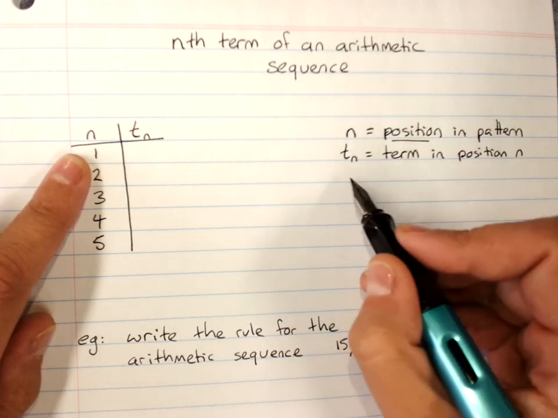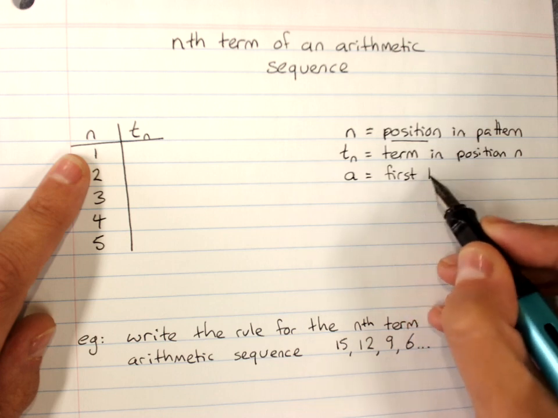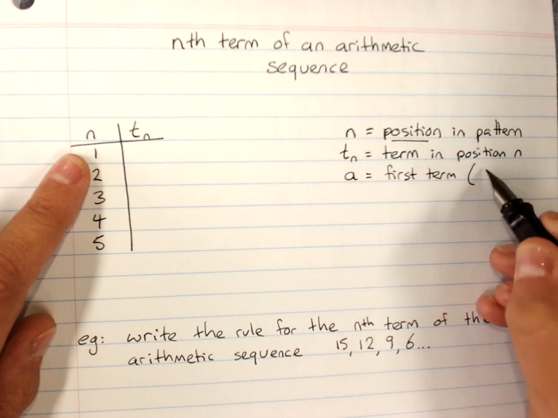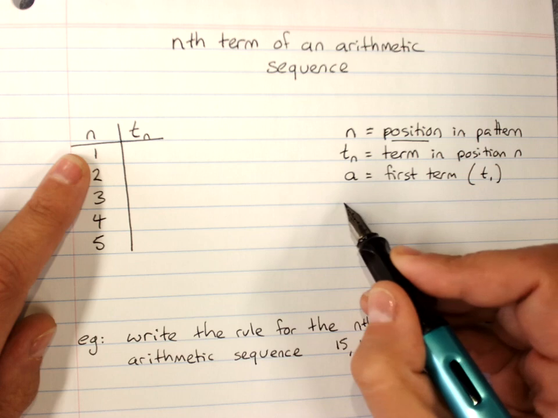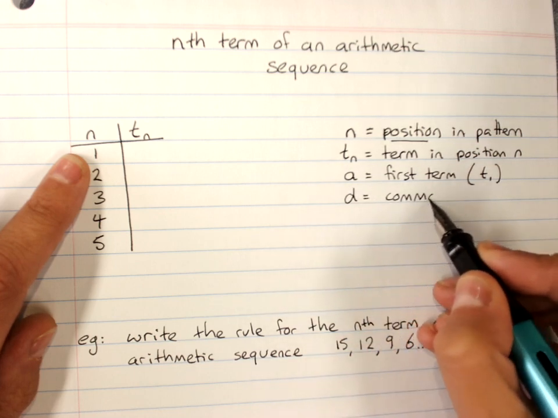And there's two other letters we need that we know. A is the first term in the pattern, so it's also T1. And D is the common difference.